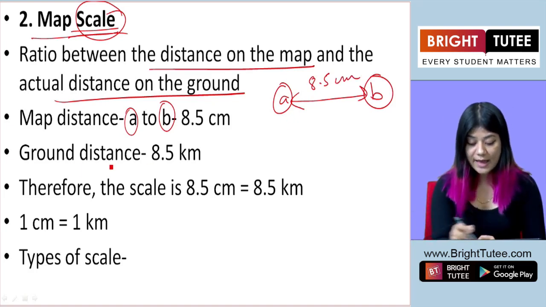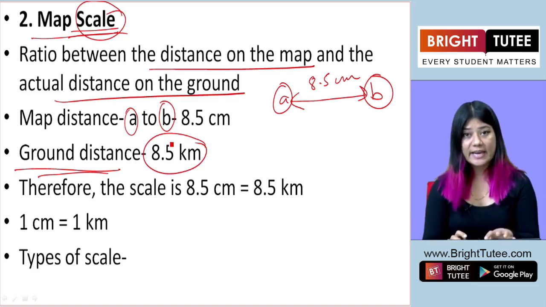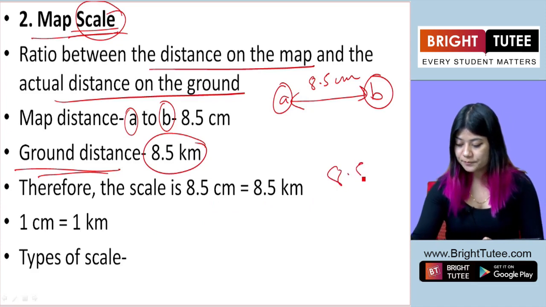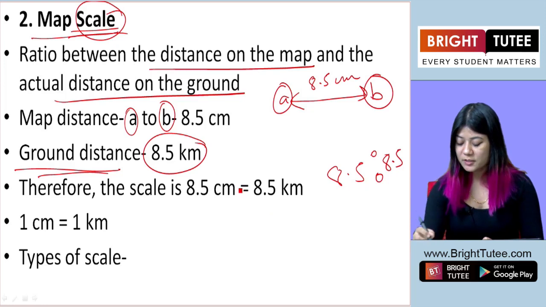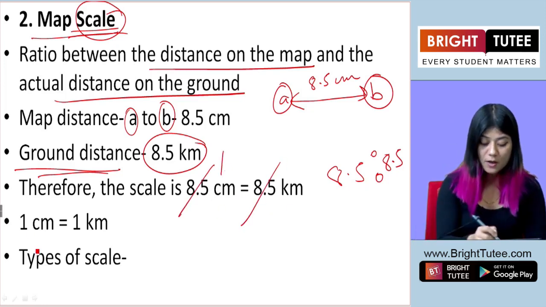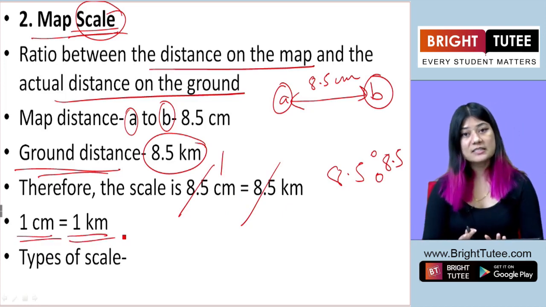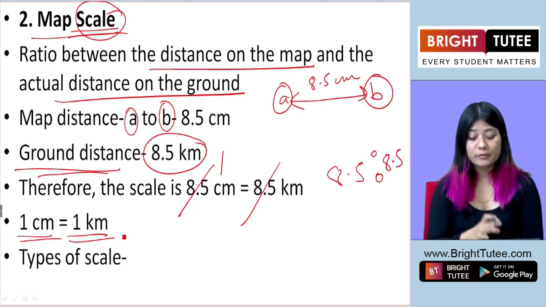But the actual distance is 8.5 kilometer. So the scale on the map will be the ratio of 8.5 centimeter to 8.5 kilometer. So this gets reduced and you have 1 centimeter equals 1 kilometer.